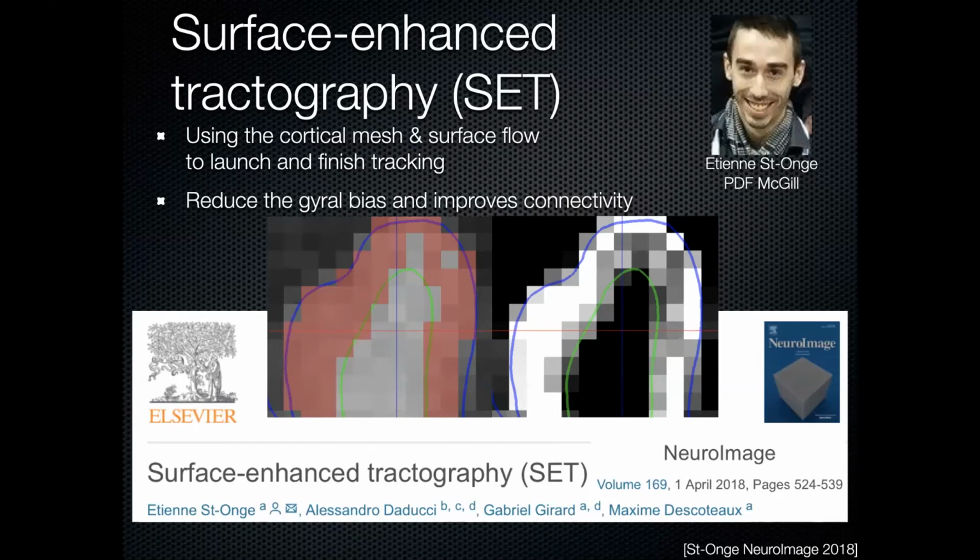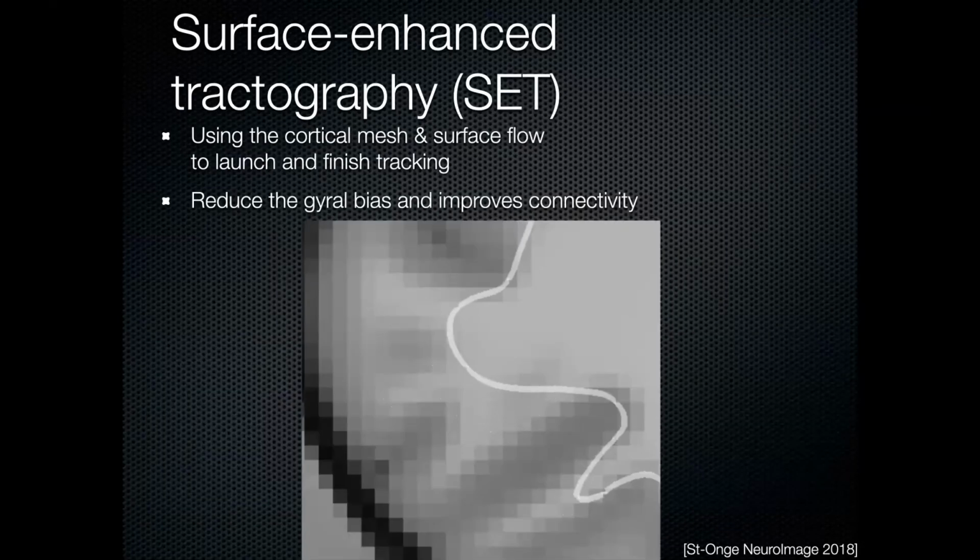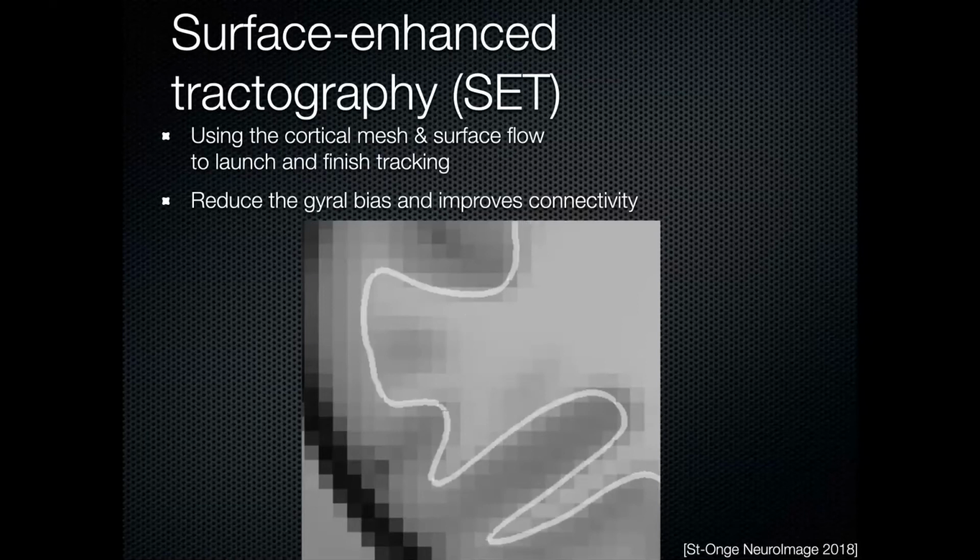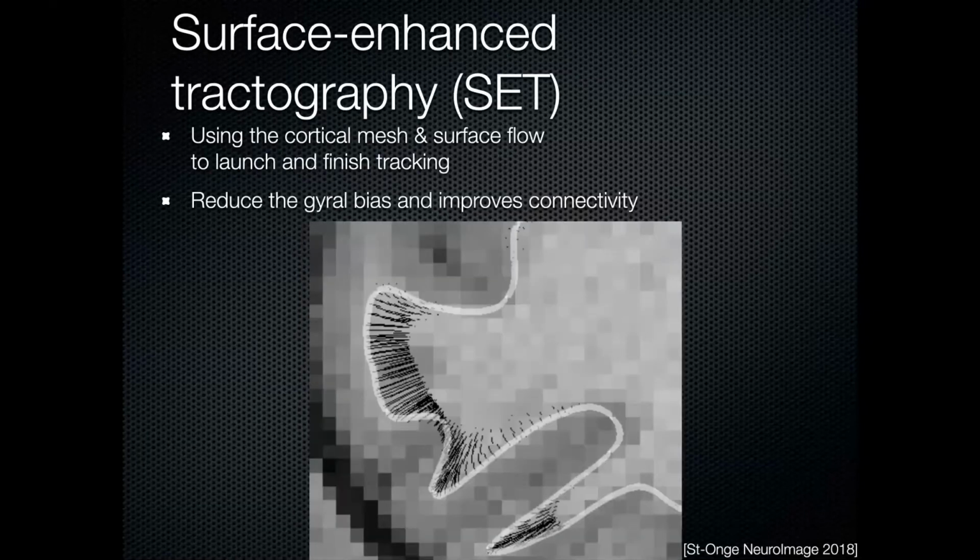It's a layer on top of it to say, how do we start and how do we end tractography? And here's a nice illustration. You start from the gray matter, white matter interface. You let the geometric flow go inwards. This traces trajectories. So this will help seed tractography in the right directions to go towards the deep white matter.